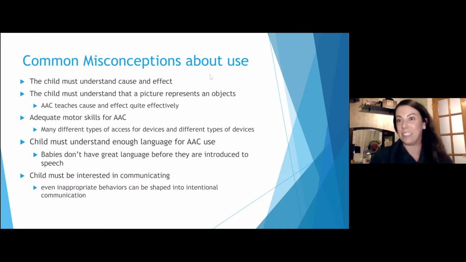And that device could actually increase behaviors for a minute. It has to be incorporated properly. It has to be modeled by the family. It has to be modeled by the therapists that are using it to show the child that this is a communication tool. This is something that you can start to use, and you can start to use language that's around you.